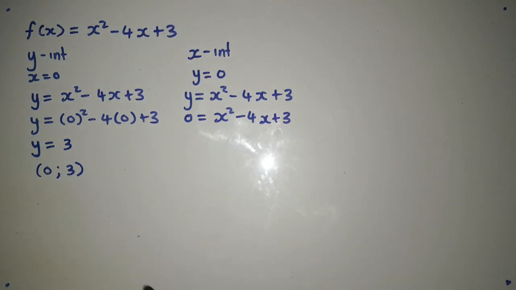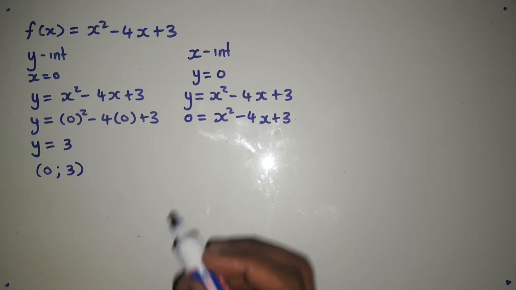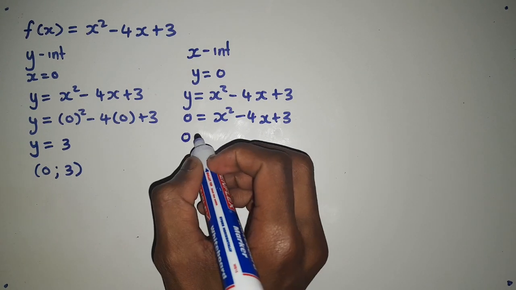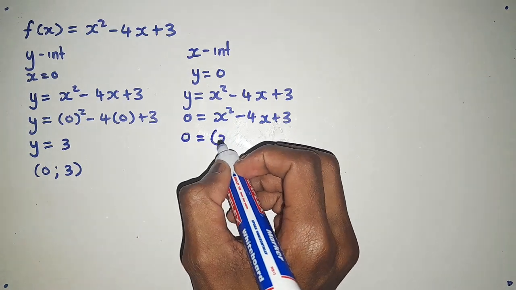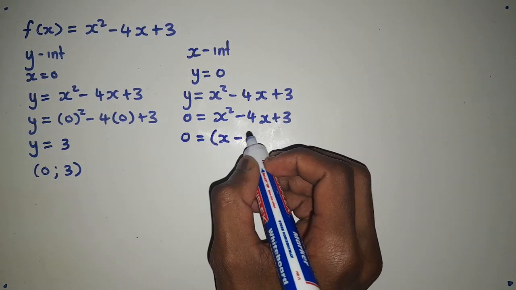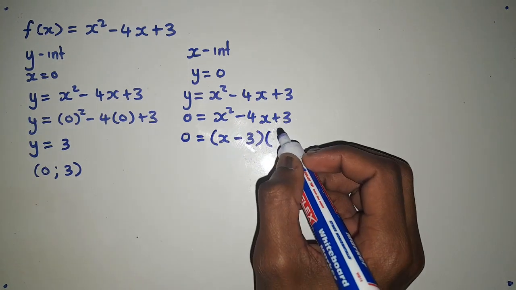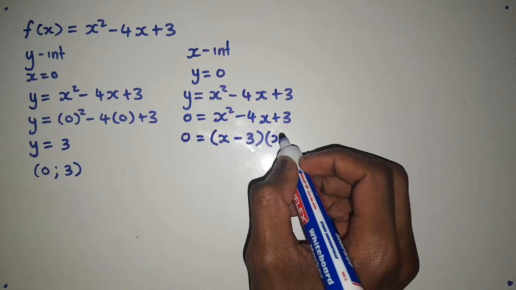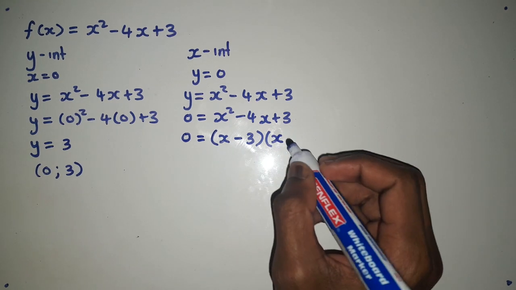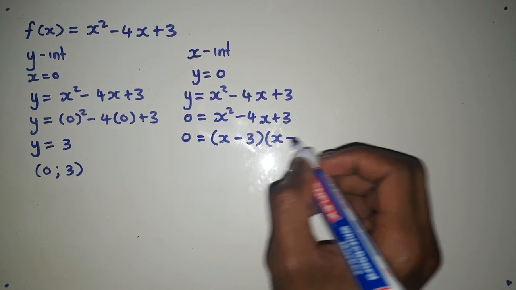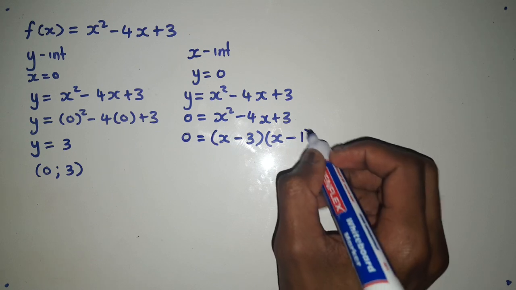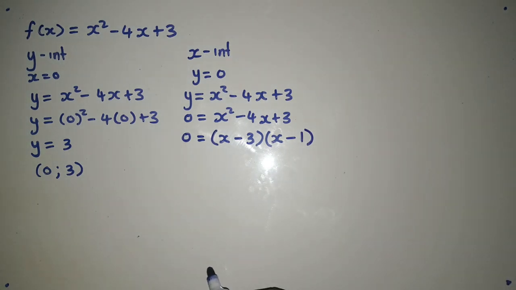At this point, if you want to, you can use the quadratic formula, or you can just factorize this. We are going to have (x minus 3)(x minus 1). Don't forget, for this one, both brackets are negative.